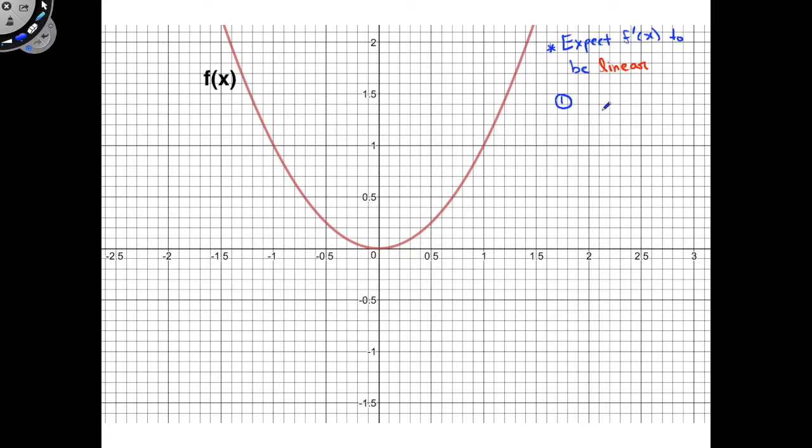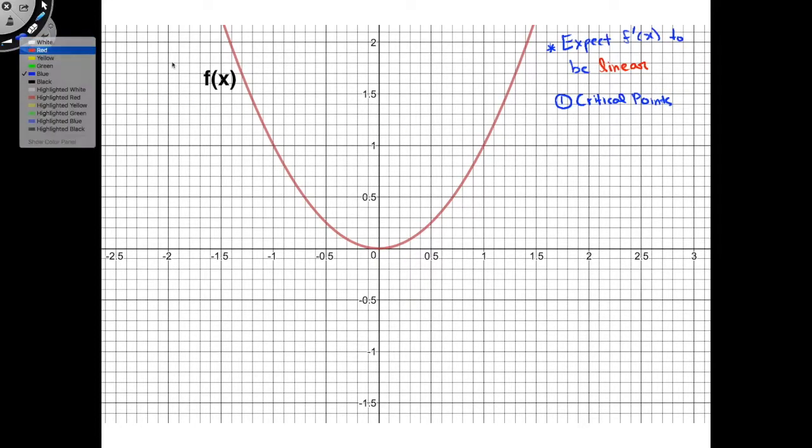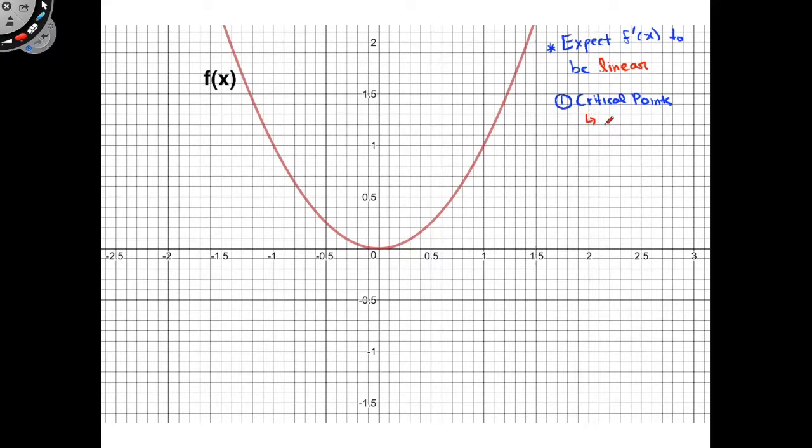So what's our first step then, now that we've got some intuition? Well, our first step is we want to figure out our critical points, right? And as a little reminder, critical points are places where f prime of x equals 0. So let's go ahead and find our critical points. We don't have an actual function to work with here for this graph.